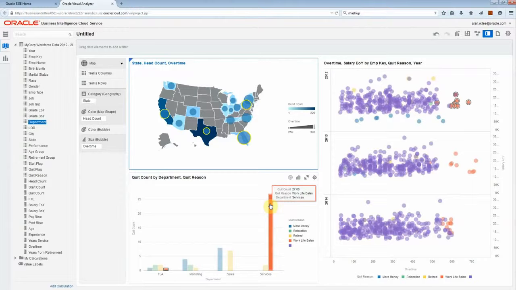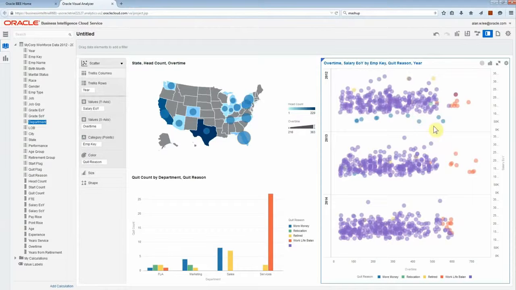So my recommendation to the HR manager is that the attrition due to people leaving for money seems to have been resolved in 2012. We don't see it in 2013 very much, and we certainly don't see it in 2014. However, the work-life balance problem has been present in all those years and has accounted for the most significant number of people leaving, and if anything, it's getting worse.